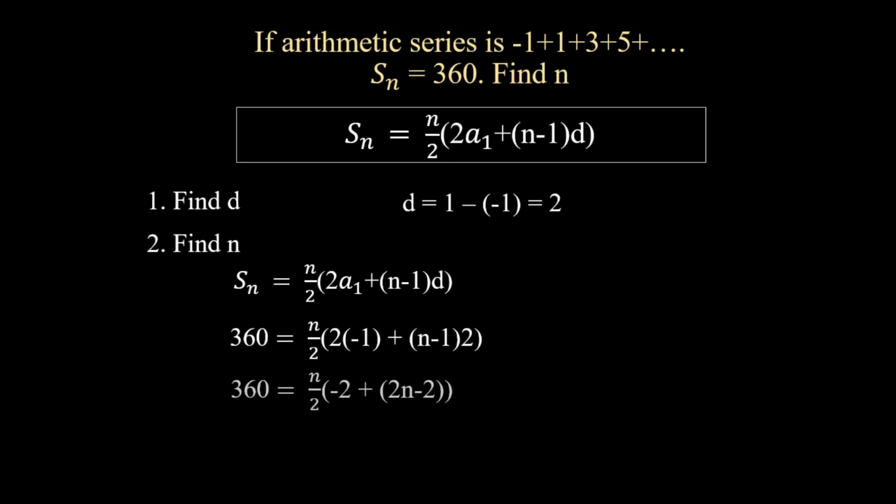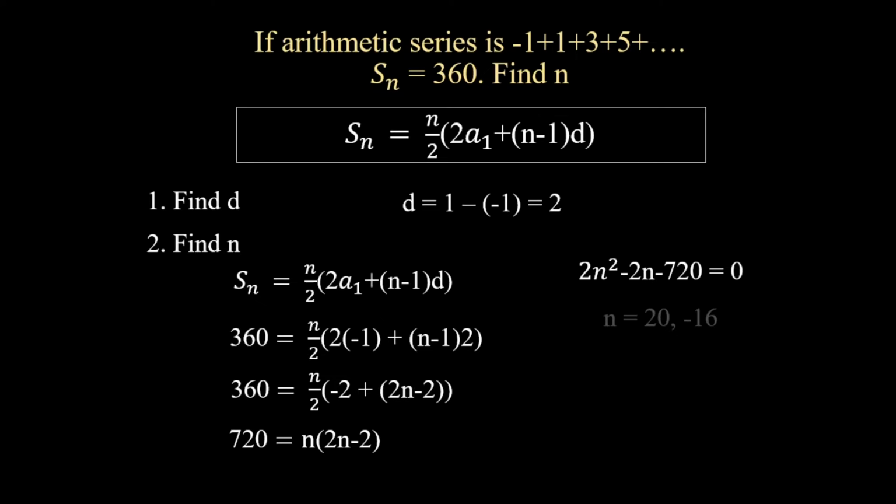Moving the 2 from the n over 2 to multiply with the 360, you'll get 720 equals n times 2n minus 2. Now moving all the variables into a good shape, you'll get 2 times n squared minus 2n minus 720 equals 0.